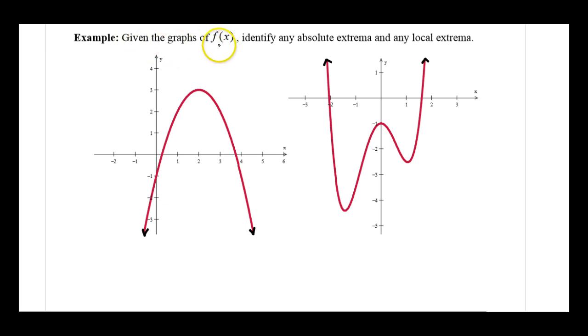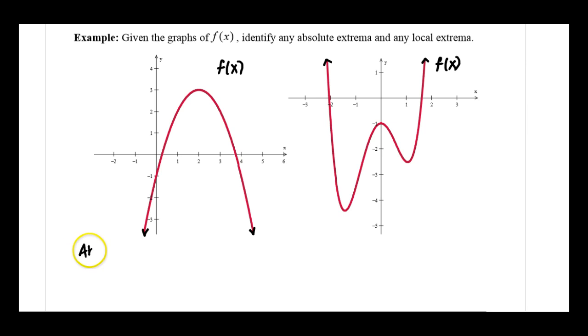Given the graphs of f of x, identify any absolute extrema and any local extrema. So we have two different graphs here. Each of these are the graphs of f of x, the original function. So we're going to look at each one separately, and we're going to try to identify absolute extrema and local extrema. So there are four different categories here.